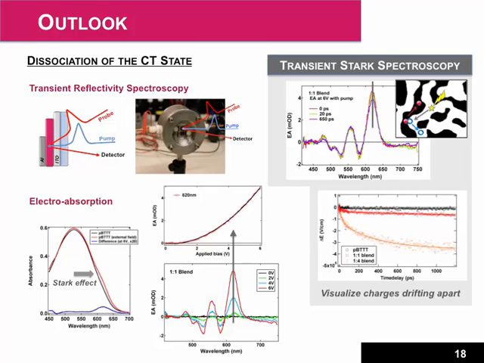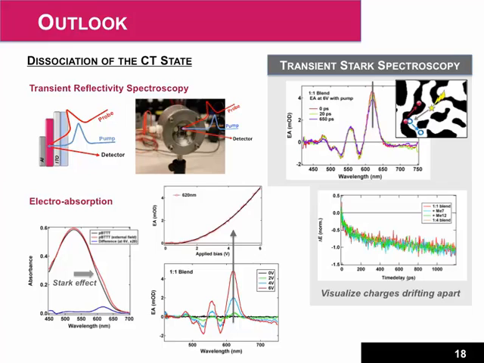And then we wanted to compare the dynamics of this, so what causes it. And what we noticed is that for all the different blends, so the 1-to-1, the 1-to-4, the additives, although the amplitude of the effect really depends a lot on the microstructure, once we normalized the effect at long time delays, we didn't really see any difference.